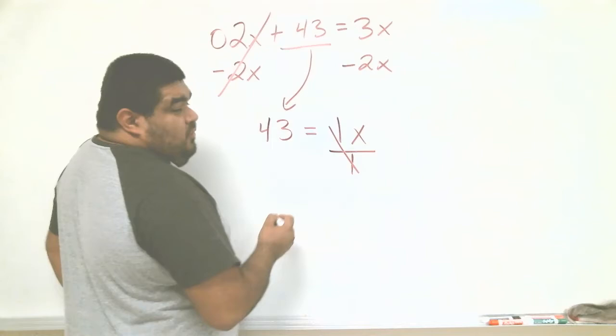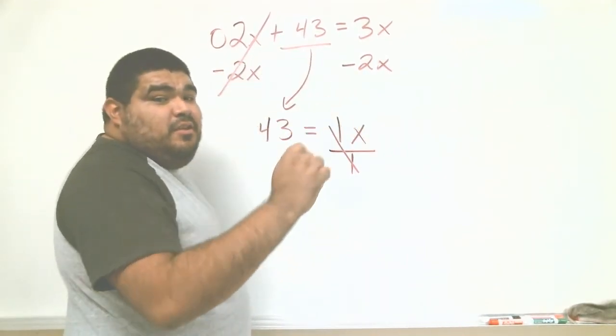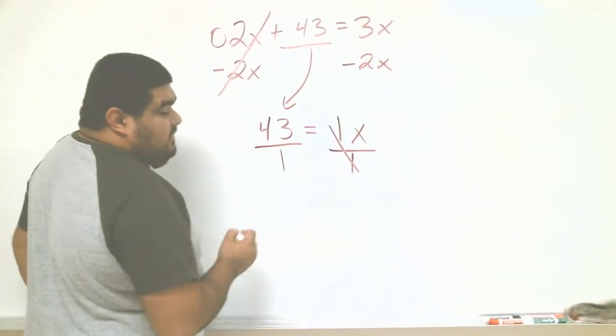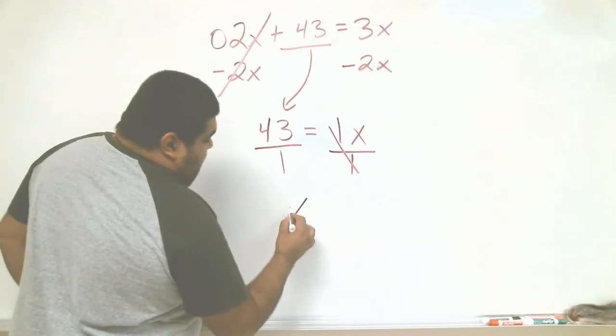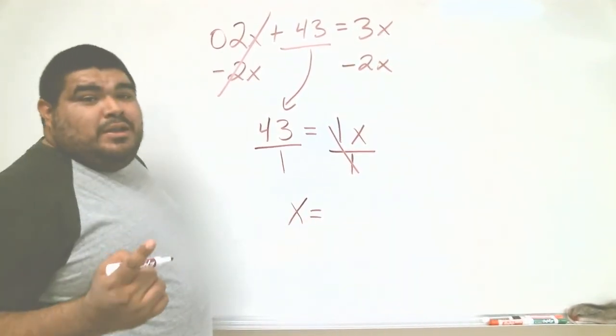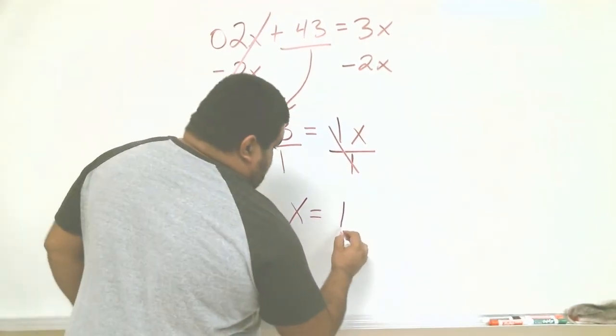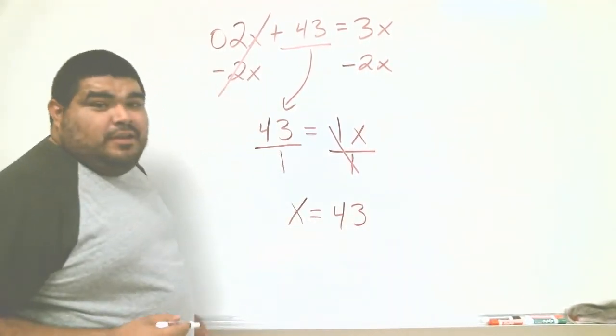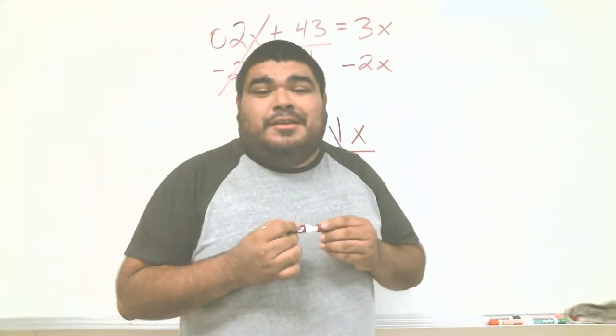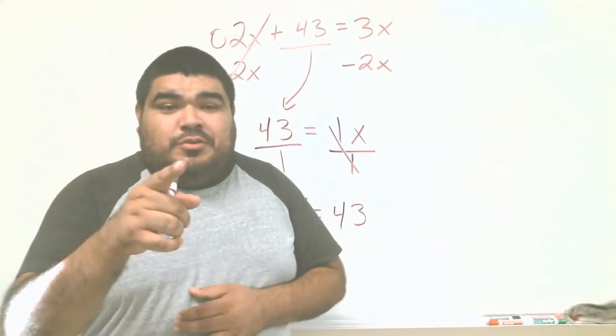They cancel out. Whatever you do to one side, you have to do to the other, because remember, it unbalances. So x equals 43 divided by 1, which is 43. And that's it. We solved for x. So make sure you write it down on your notes.